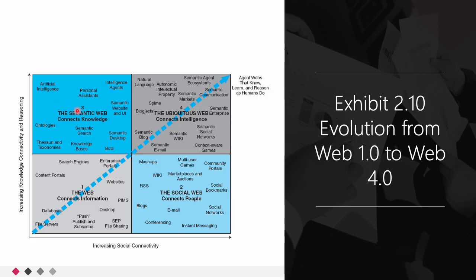Now, this part, the semantic web, connects knowledge. It's high knowledge connectivity and reasoning, but not necessarily the highest social connectivity in specific fields. And this is a smarter web.